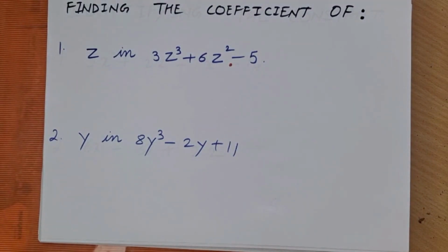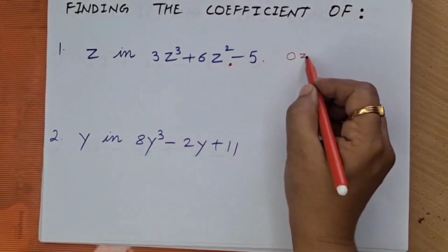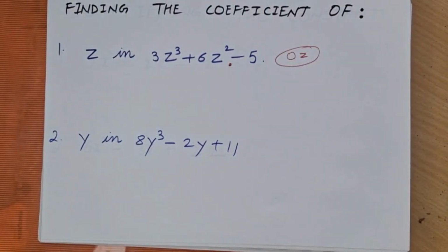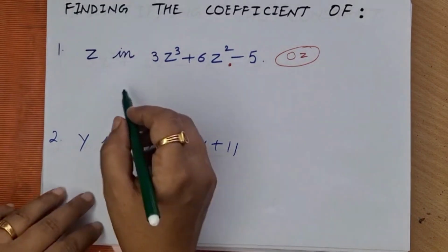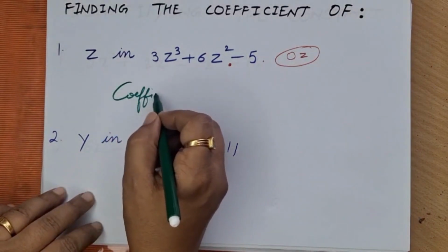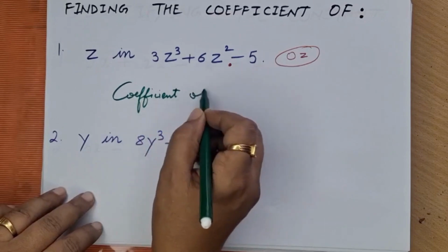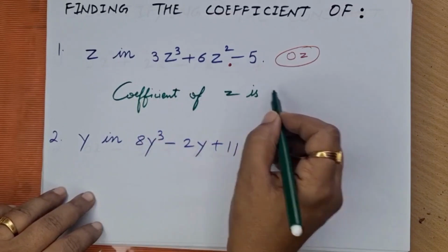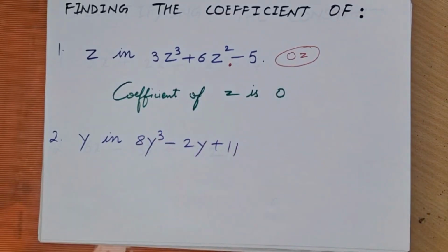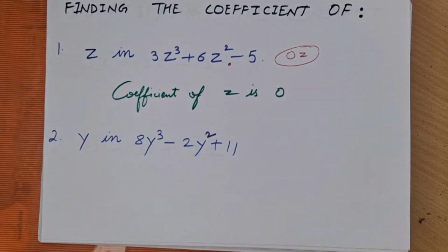Can you see any term like z? No. So, here the coefficient is 0. Yes. Now, let us quickly write the answer. Coefficient of z is 0.